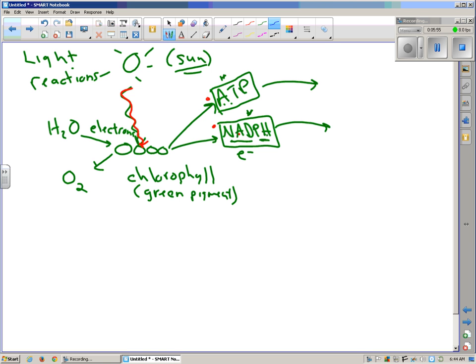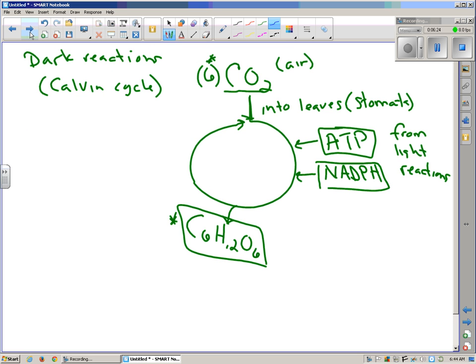Water, which a plant gets through its roots, is taken in and used to replace the electrons. Oxygen is given off as waste by plants, which is very nice for us humans because we need to breathe it. ATP and NADPH are transferred in the plant cell to do the Calvin cycle.